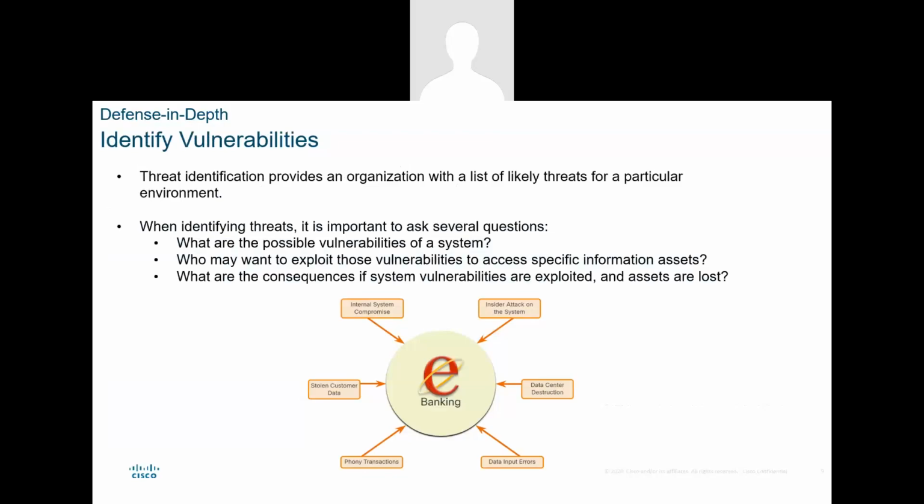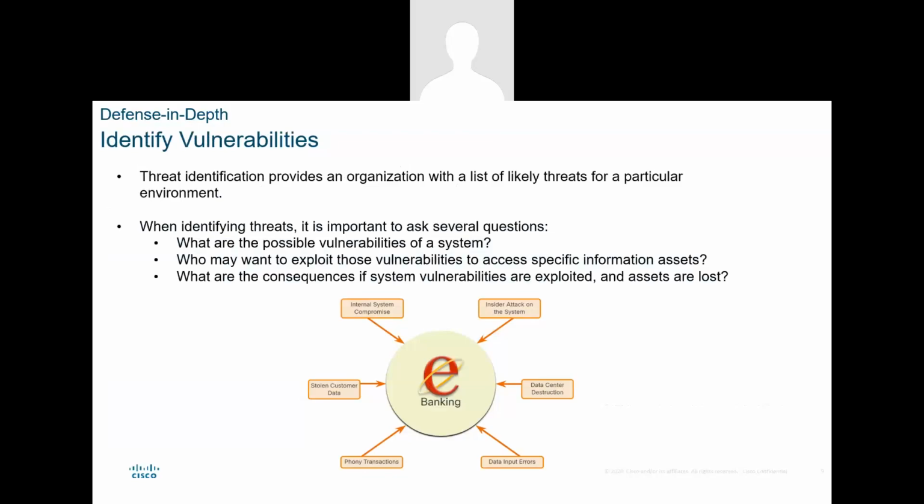Identifying vulnerabilities is a proactive step in securing your assets. You want to ask questions such as, what are the system's weaknesses? Who might exploit these vulnerabilities? What are the consequences of an exploit? What assets are lost? For example, an e-banking system might face risks like internal compromises, stolen computer data, customer data, or maybe some other type of insider attack.